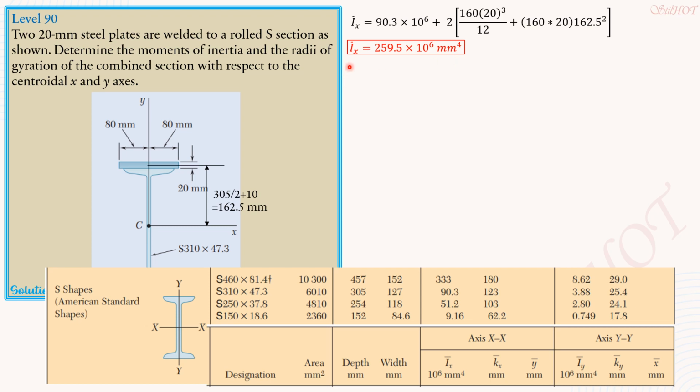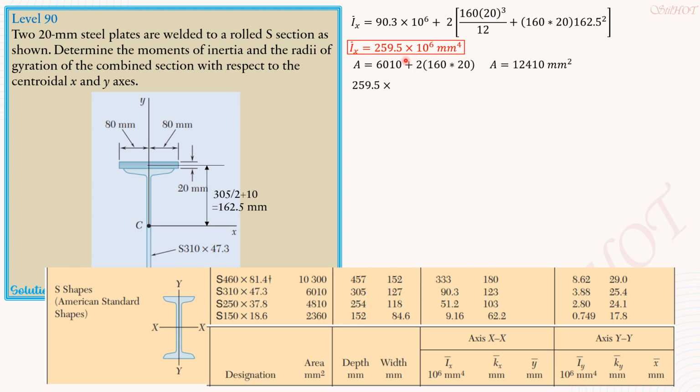Then for the radius of gyration, we simply equate this to k barred x square times area, and the area is equal to 6010 plus 2 times 160 times 20, 160 mm wide by 20 mm thick. So area is 12410 mm square.